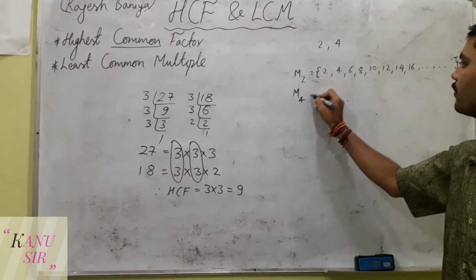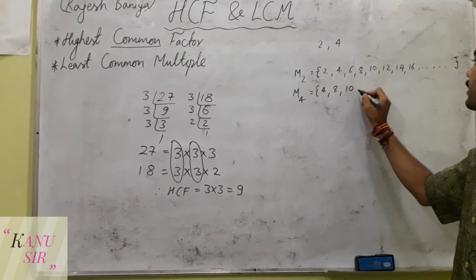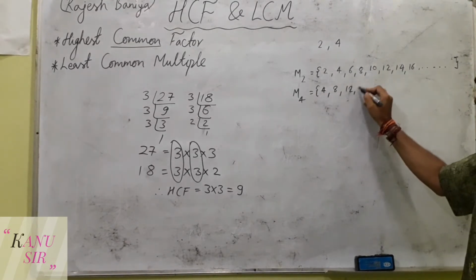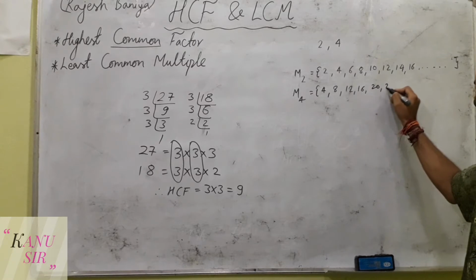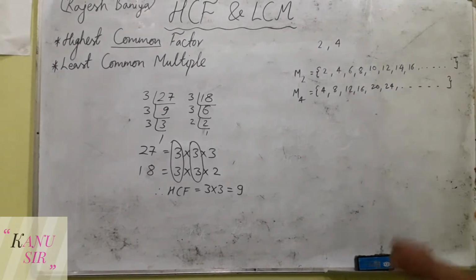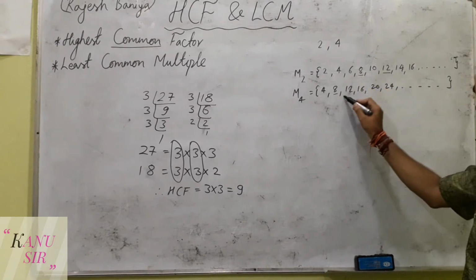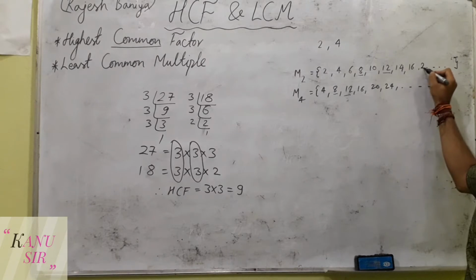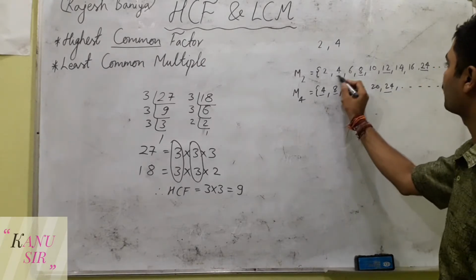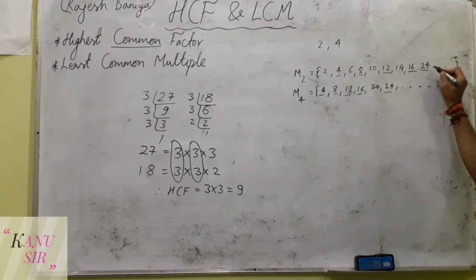Similarly, for the multiples of 4, you will be writing 4, 8, 12, 16, 20, 24 and so on. Here you can find the common numbers 8, 12, and here you will get 24 also. And also 4 and 16, you will get 20.